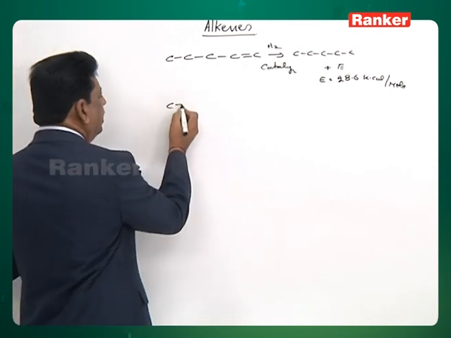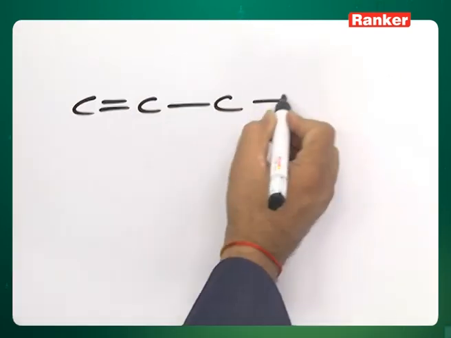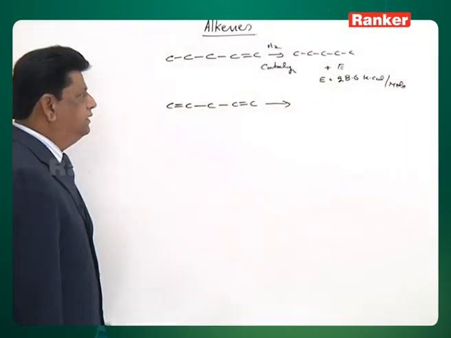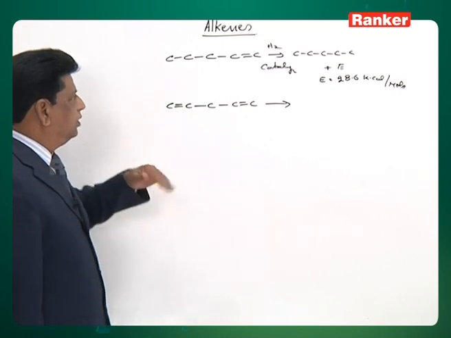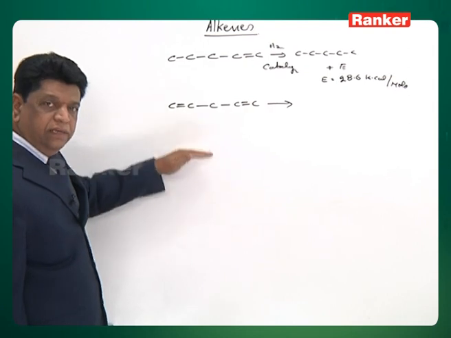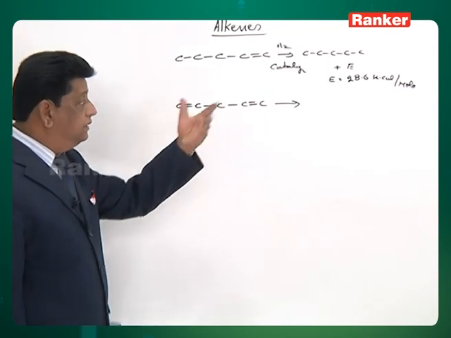Similarly, if two double bonds are there like this, without doing the experiment one can say how much energy, the same pentane will come. Alkenes are unstable, they give these alkanes. So, potential energy decreases and some energy is released.